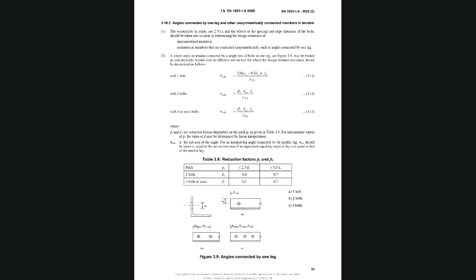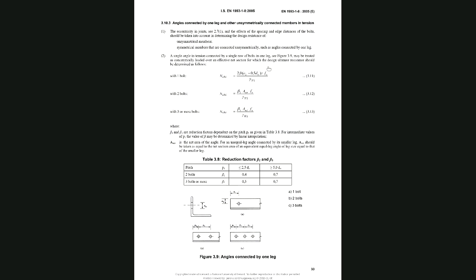If it's somewhere between 2.5 and 5, then we interpolate between 0.4 and 0.7. So if P1 is halfway between 2.5 d0 and 5 d0, that's 3.75 d0, and halfway between those two values is 0.55.